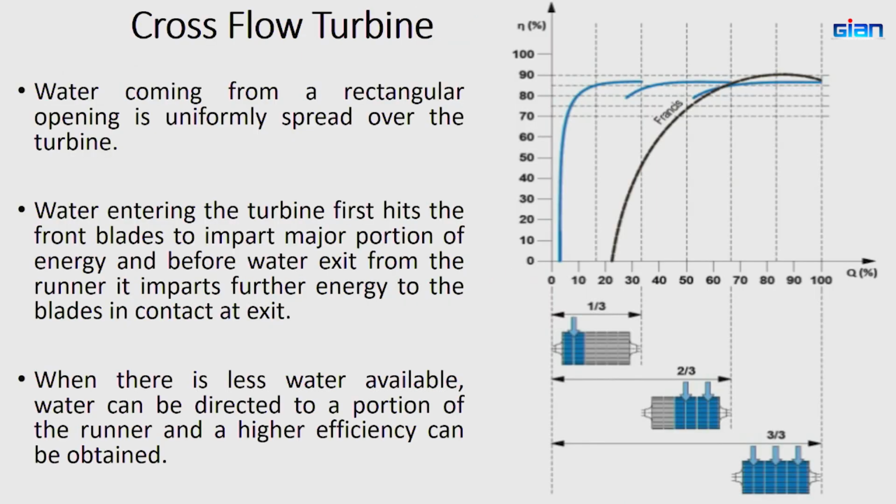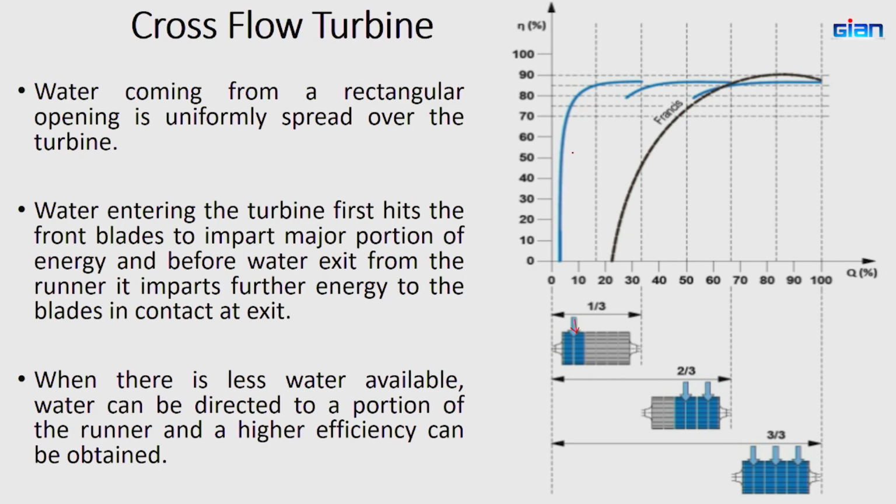Here are the advantages of it. You can see water coming from a rectangular opening is uniformly spread over the turbine, but you can sectionalize the opening. When there is less water, maybe a portion of the runner is hit. When there is medium water, two sections are hit, and when there is full flow, you can have full water.